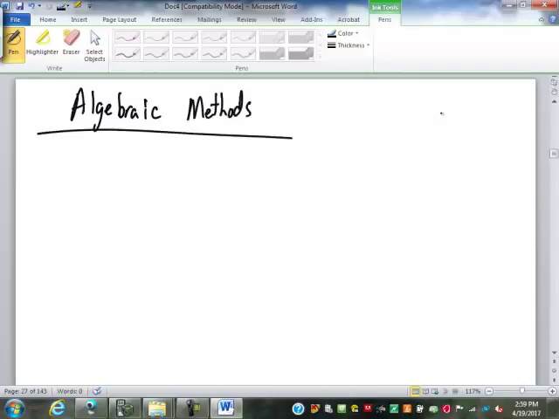So the first way we're going to look at is, let's look at these two equations here. y equals negative 1/2 x plus 4. And y equals 3 over 2x minus 4.